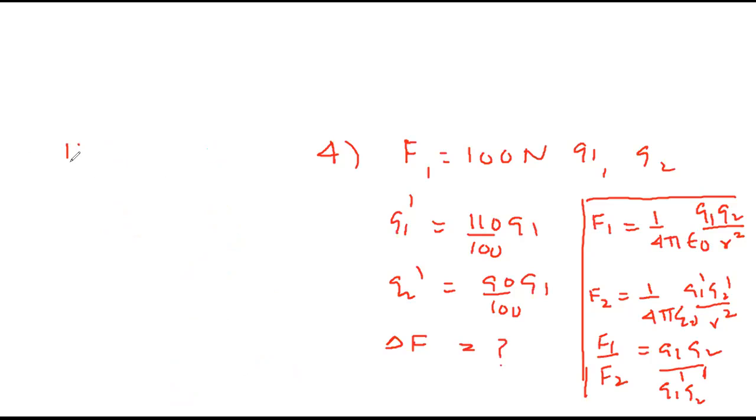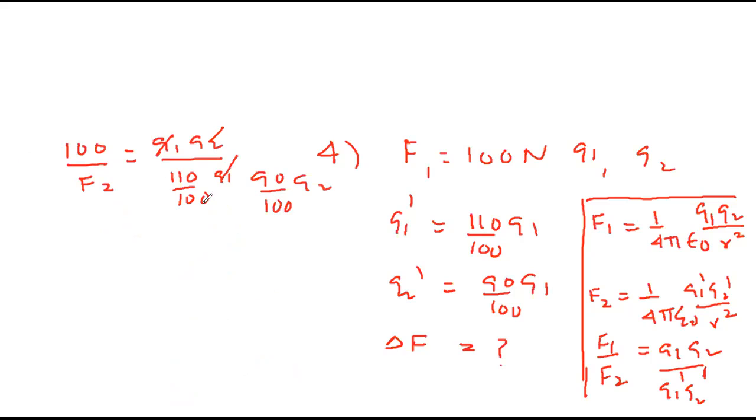F1 is 100, F2 we want. Q1, Q2 we don't know, but Q1 dash is 110 upon 100. Increased by 10% means 100 plus 10, decreased means 100 minus. So Q1 Q2 you can cancel, and the zeros you can cancel.